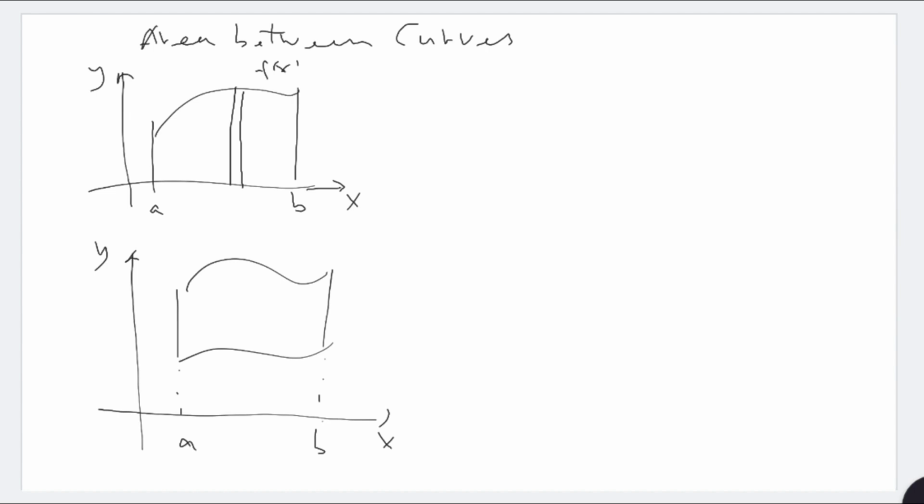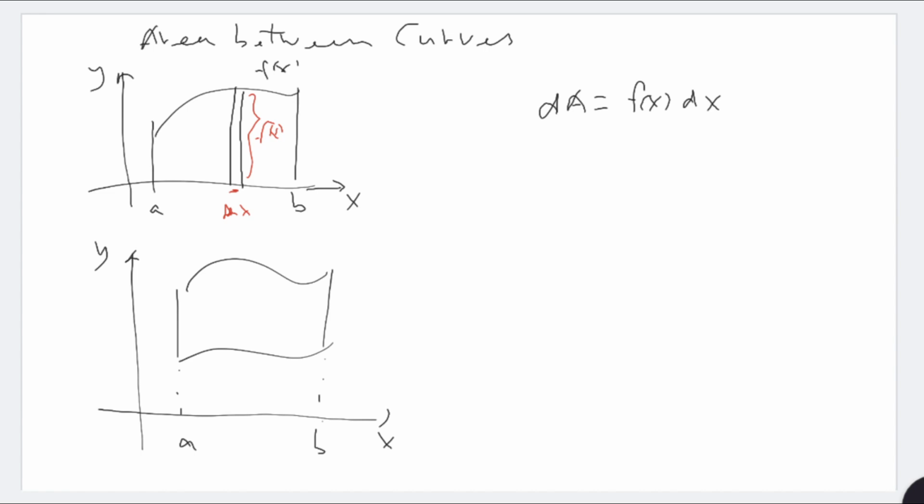But if you think about it, the area of each strip is approximately the height f of x times the width dx. So the area of each strip is estimated by multiplying the height by the width.